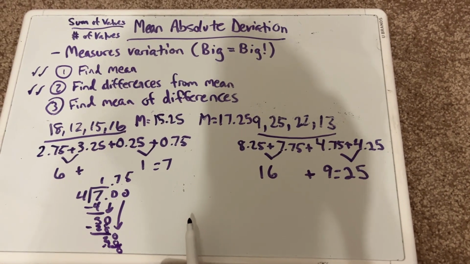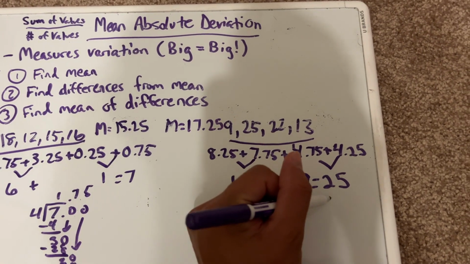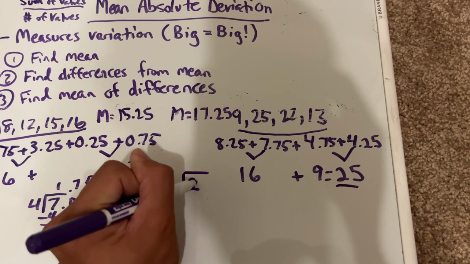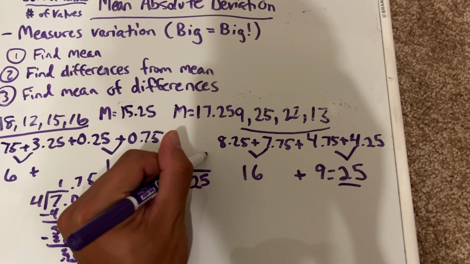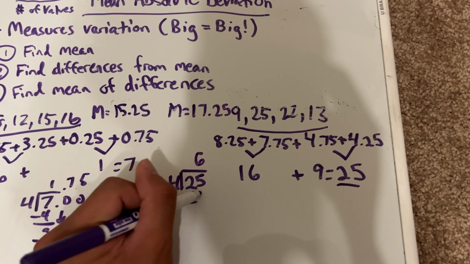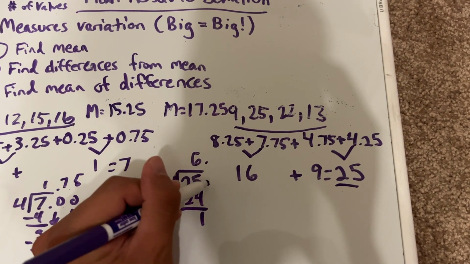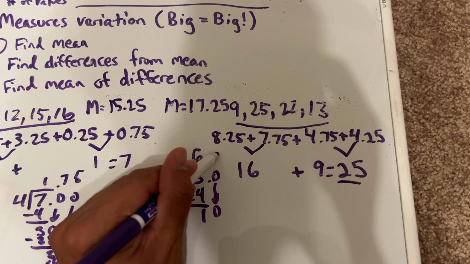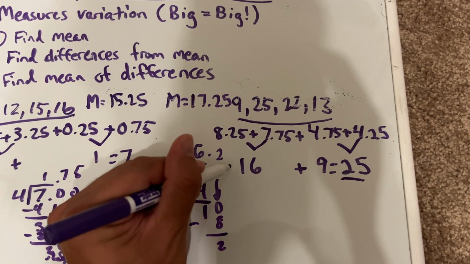Now I'm going to do the same thing with this. Now I have 25 as my sum. I'm going to divide this by 4. 4 goes into 25 6 times. I almost wrote 5. 4 times 6 is 24. 25 minus 24 is 1. Decimal, 0. Bring it down. 4 goes into 10 twice. 4 times 2 is 8. 10 minus 8 is 2.